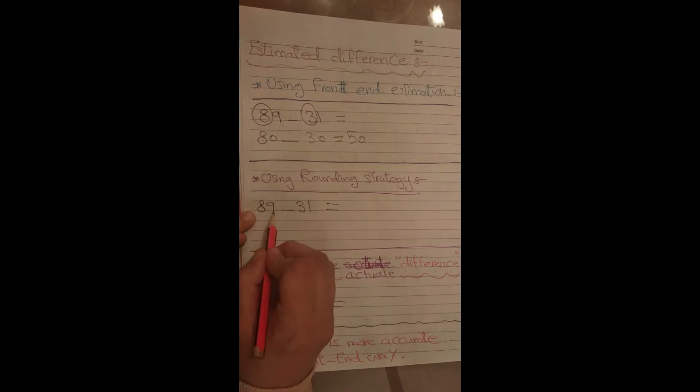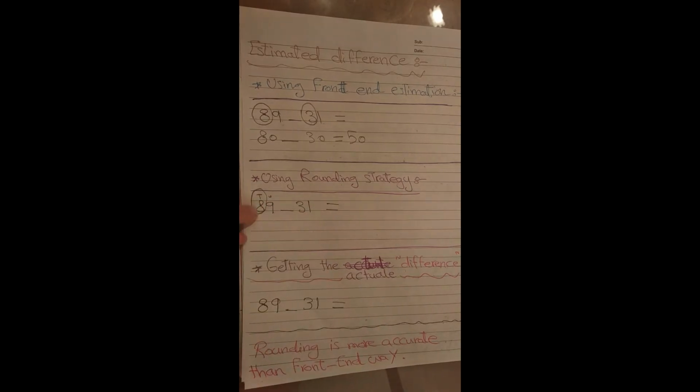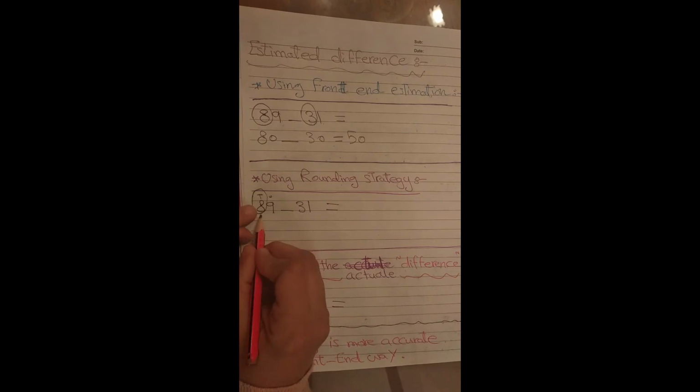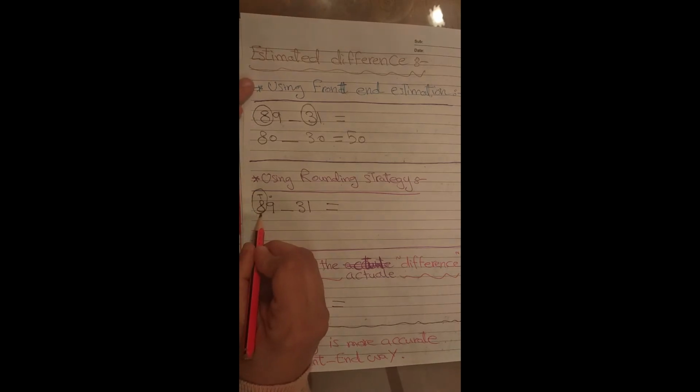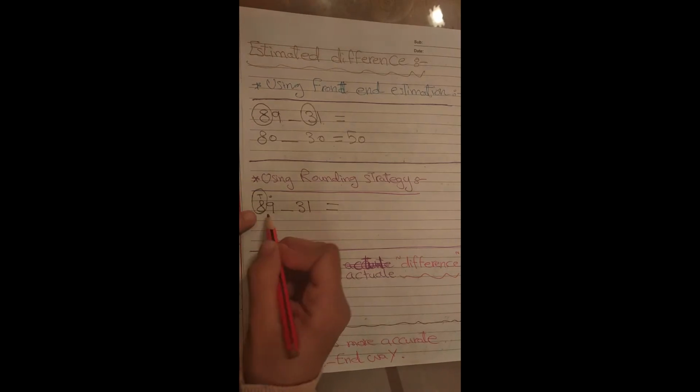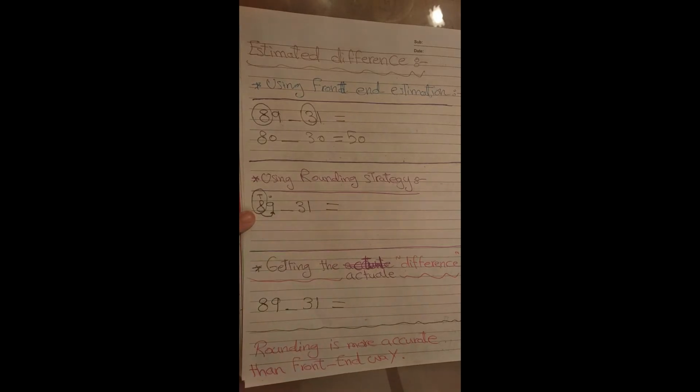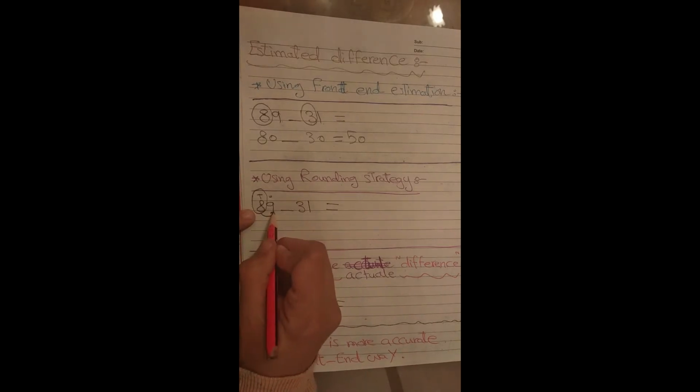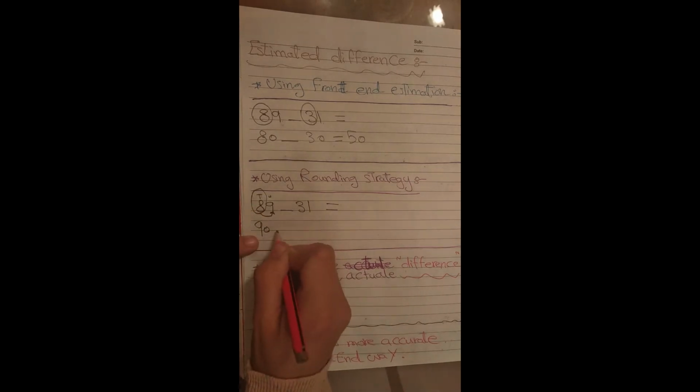To estimate it to the nearest ten, our leading digit here is the tens digit. It can't take the decision itself like we did in the front end estimation, so it will ask for its neighbor's help. Its neighbor is 9, it's very strong, so it will help 8 tens to be rounded up to be 90.